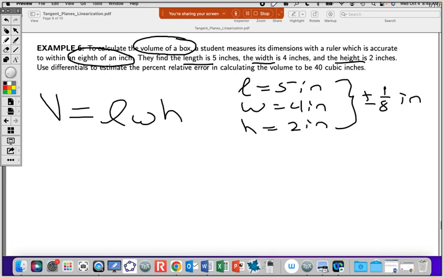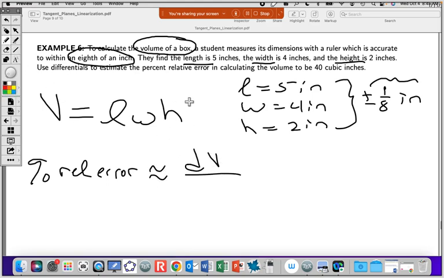Right? So once again, that plus or minus, those are the differentials. So if I want the percent relative error, I'm going to use the differential here to approximate the propagated error, and then divide it by the 40 that I got.